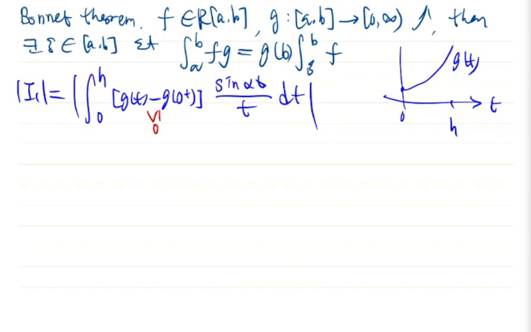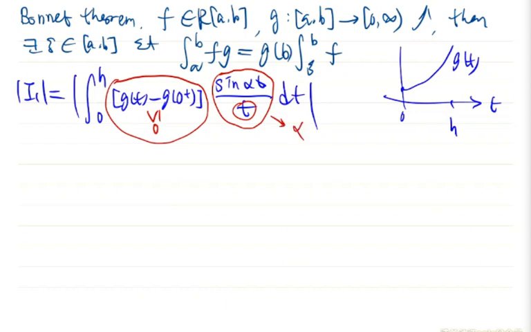So this term as a function of t is non-negative and increasing, and the other term is integrable because although t is in the position of a denominator, when t is 0 there is some problem. But fortunately, when t goes to 0, it has a limit, alpha.